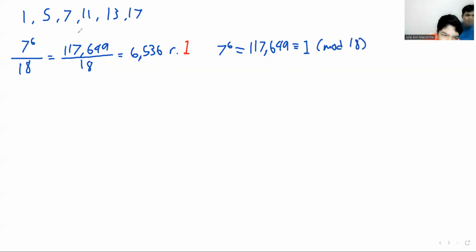Okay, so next one, I'll just put a stamp mark. We are at 11. 11 to the 6 over 18.